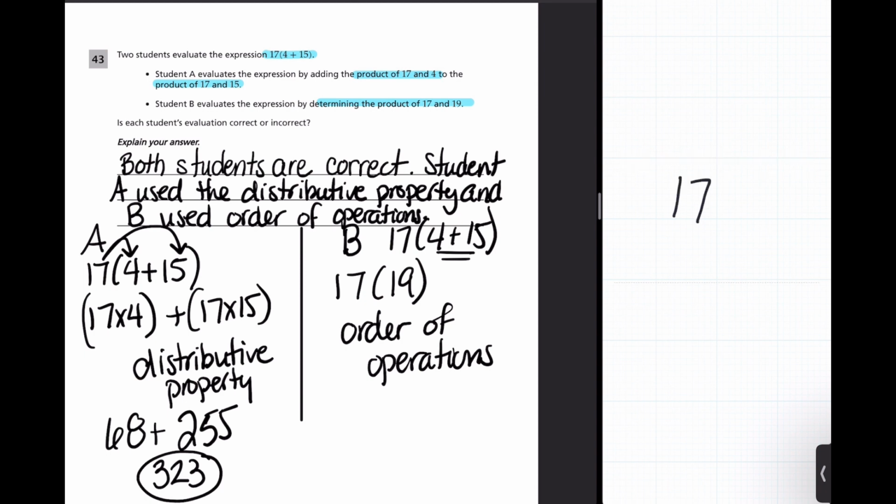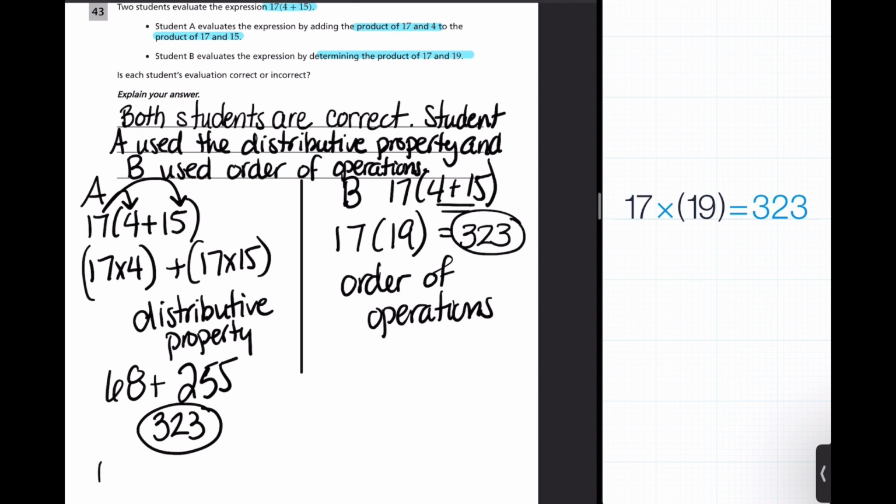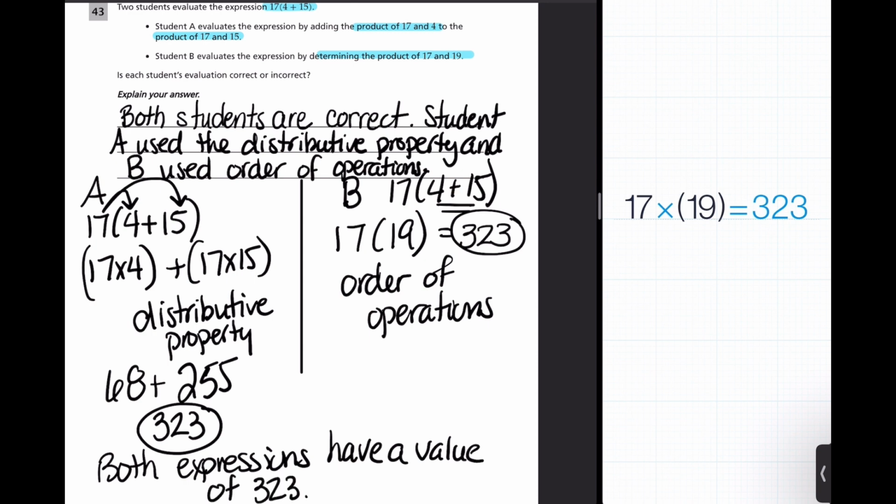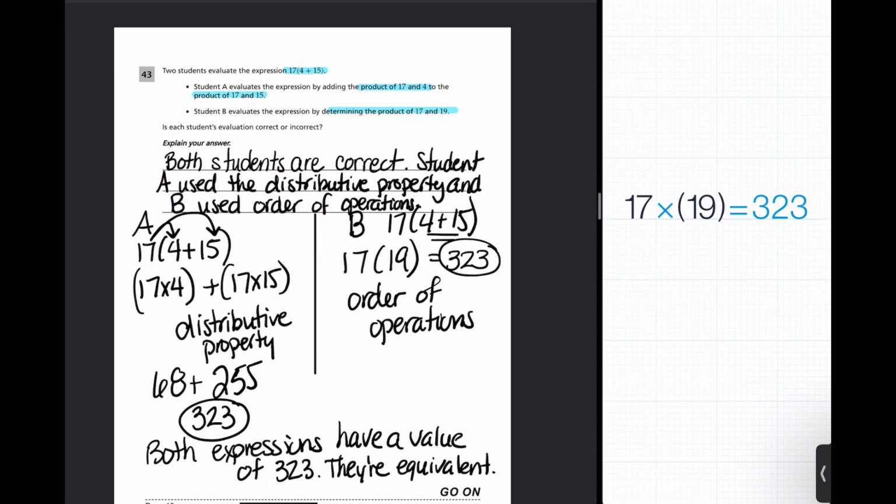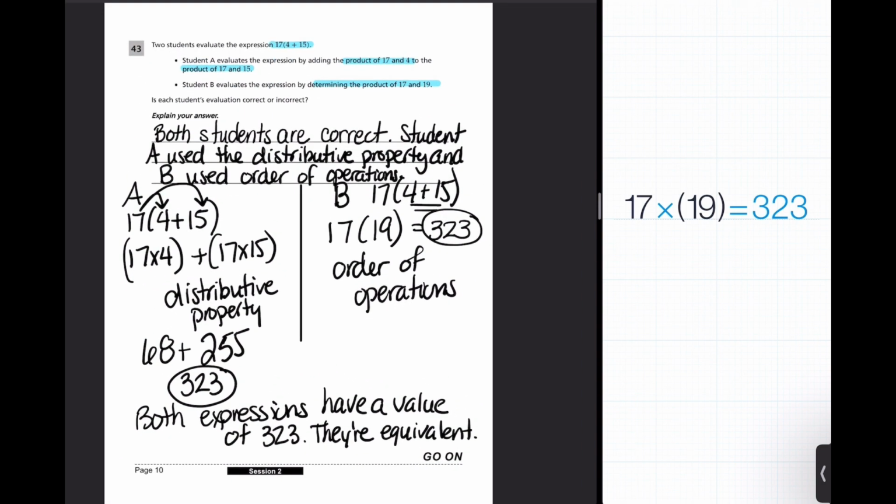And B, 17 times 19, is also 323. So I would even write down both expressions have a value of 323. They're equivalent. And that would have been enough to give me my 2 points.